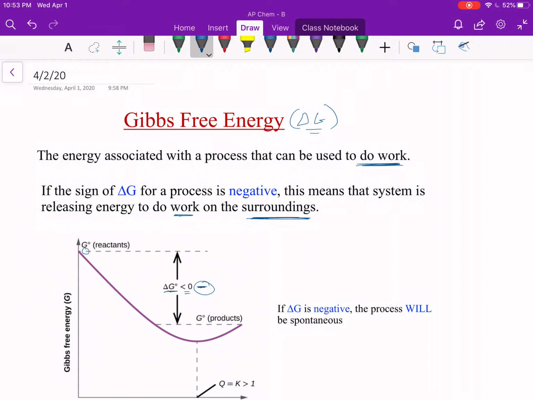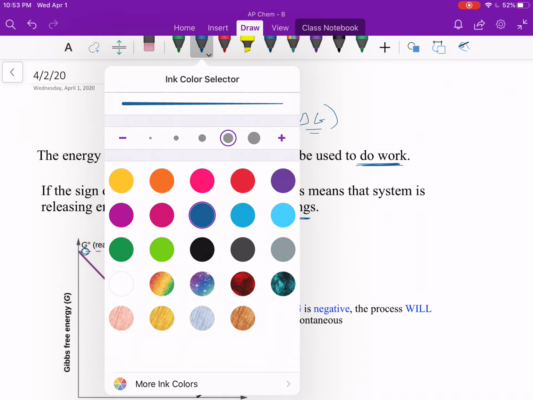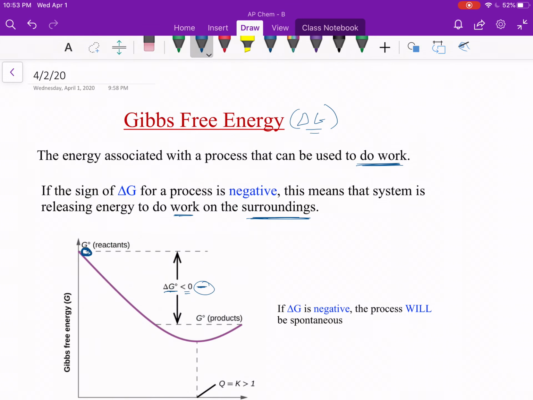Let's imagine there's a rock right there, and some poor soul standing down here. If Gibbs free energy is negative, that means the products have a lower free energy than the reactants.